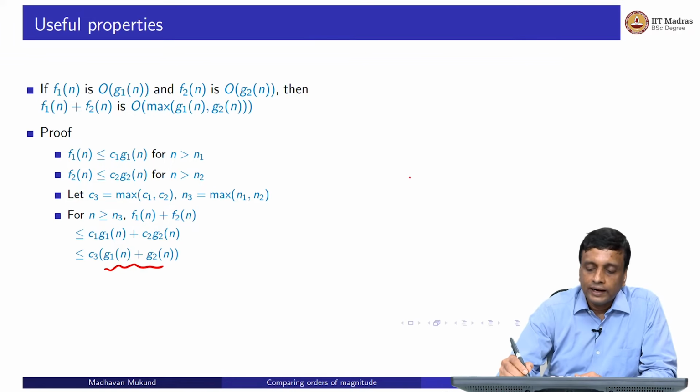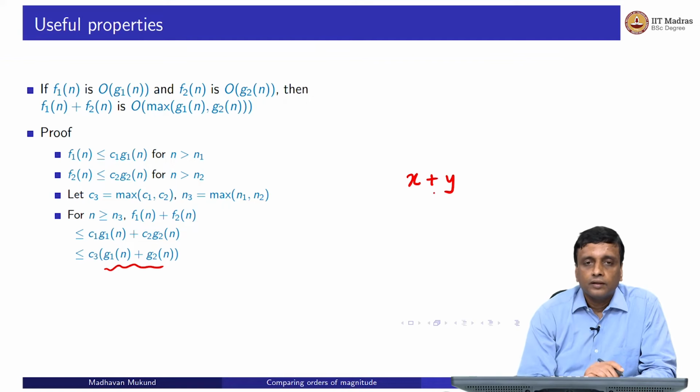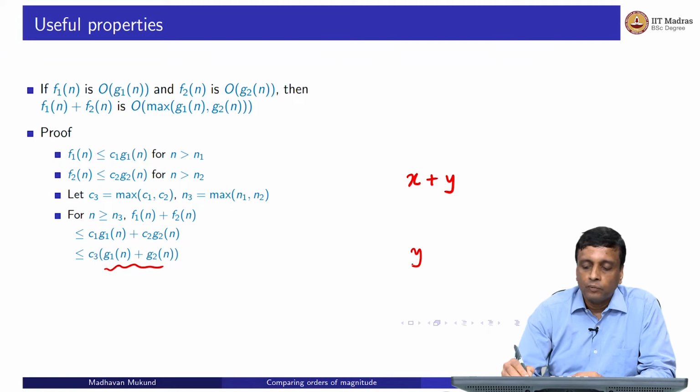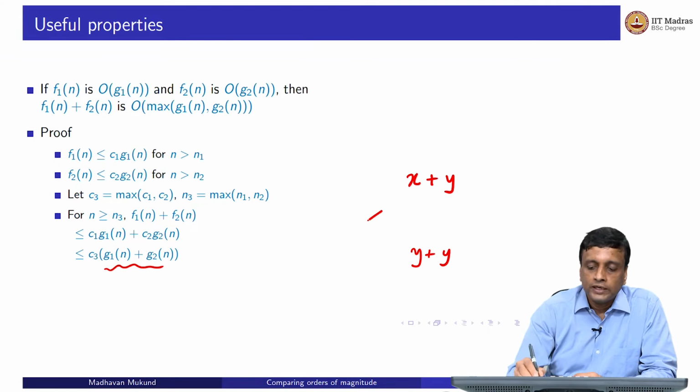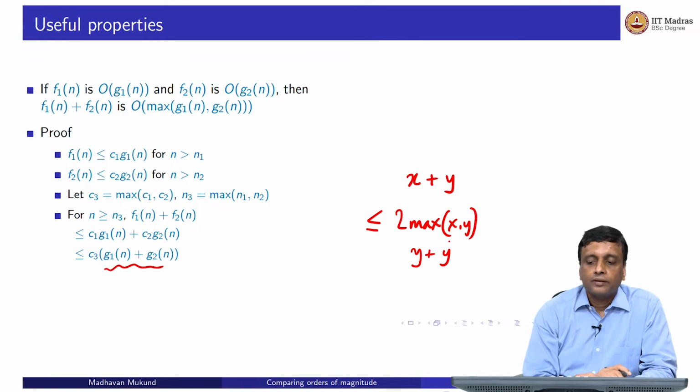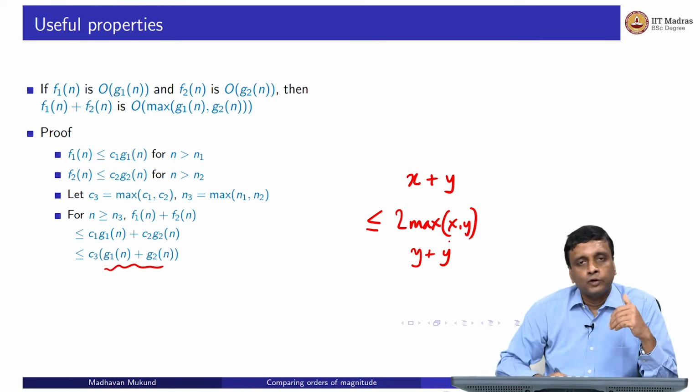So in general, if I have some two values x and y, right, if I take the bigger of the two, let us assume that y is the bigger of the two, then I will have y plus y, right. So I claim that x plus y is always going to be smaller than 2 times the maximum of x and y. Right? Because instead of the smaller value, I put the maximum.